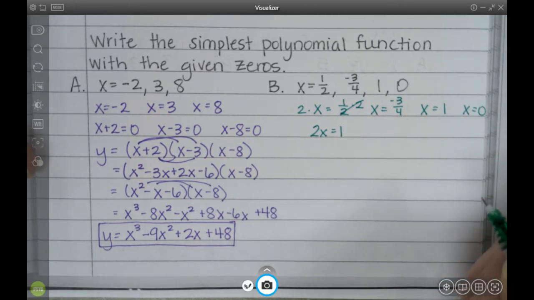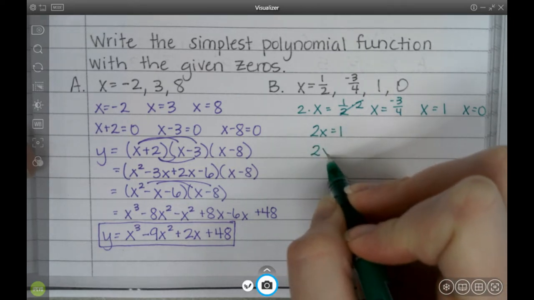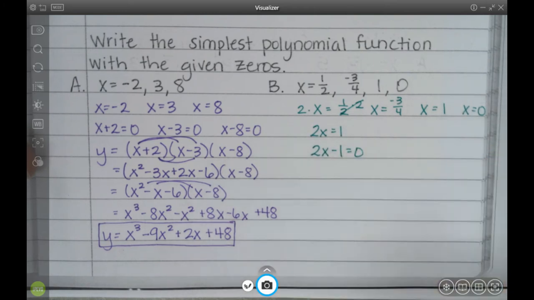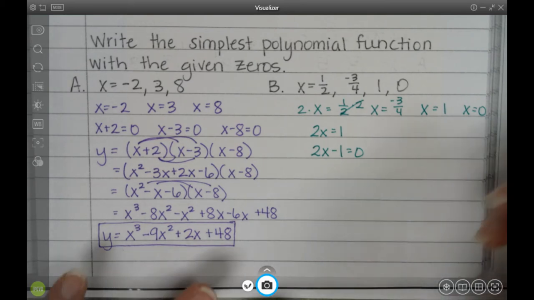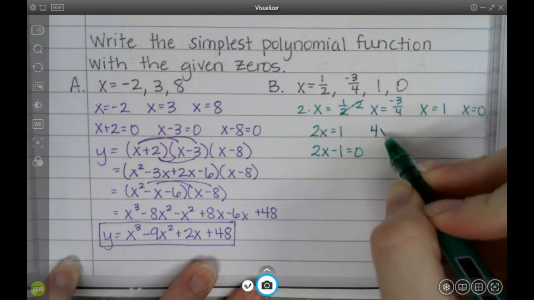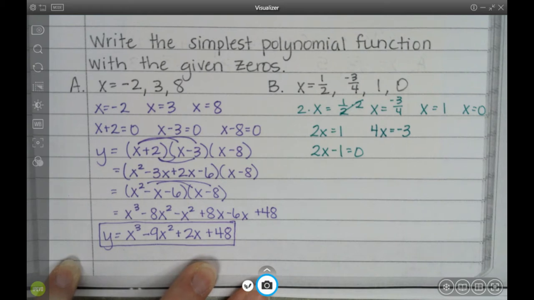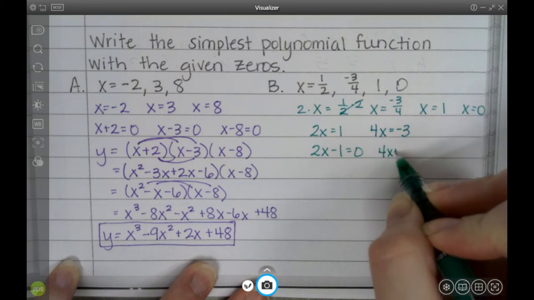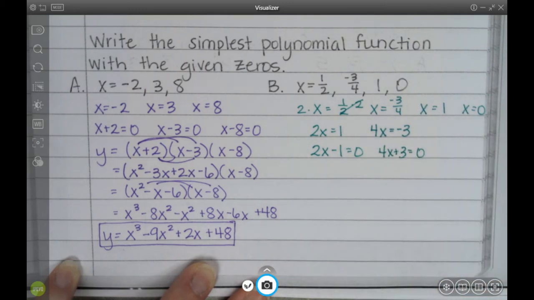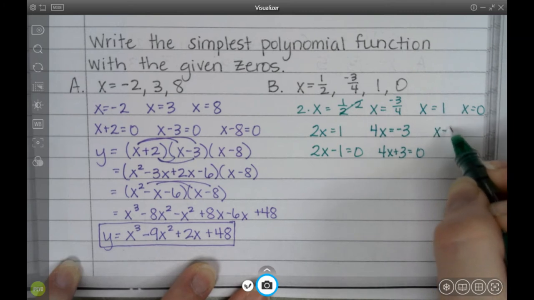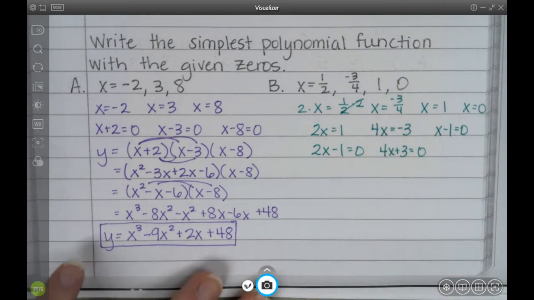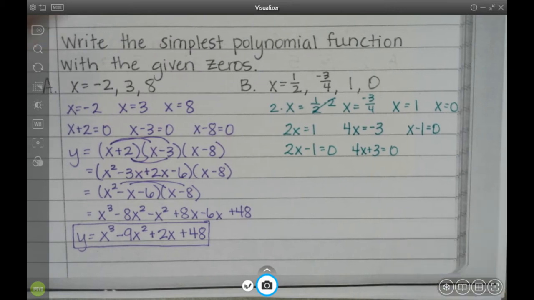If I'm trying to set it equal to 0, then I would subtract 1 to get 2x minus 1 equals 0. And the next one, we're going to multiply by 4. Get 4x equals -3. Set it equal to 0. You're going to add 3 to get 4x plus 3 equals 0. And you get x minus 1 equals 0, and x equals 0.